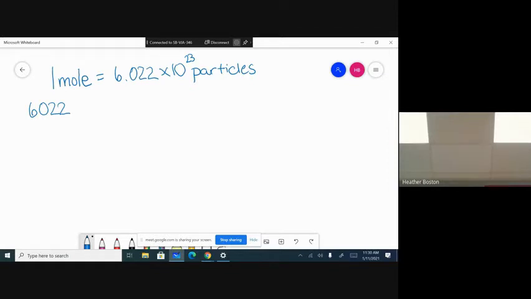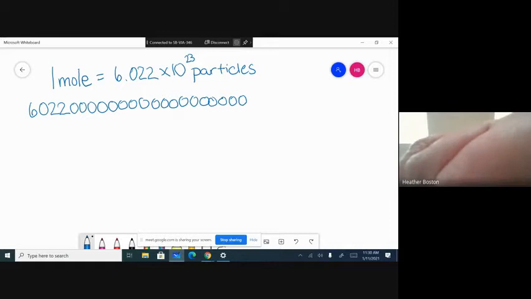That means I have to add 20 zeros here. Like such. So we're going to spend a few minutes trying our best to understand how big this number really is.